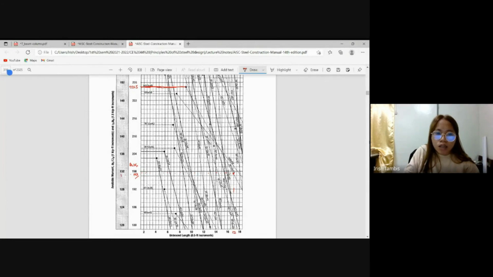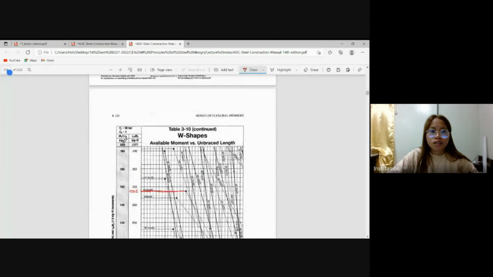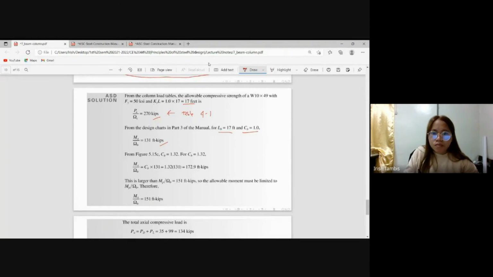So, it is at 131, the value for this. So, we go back to the problem. This one, 131 feet kilopounds. And C sub B, this is the same 1.32, right?